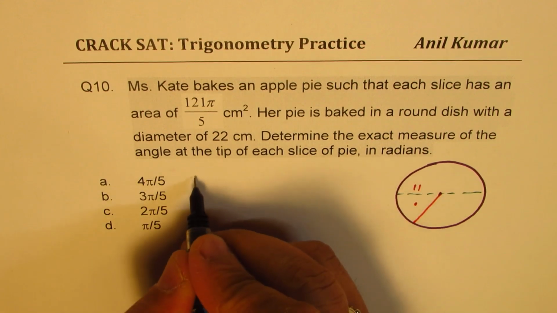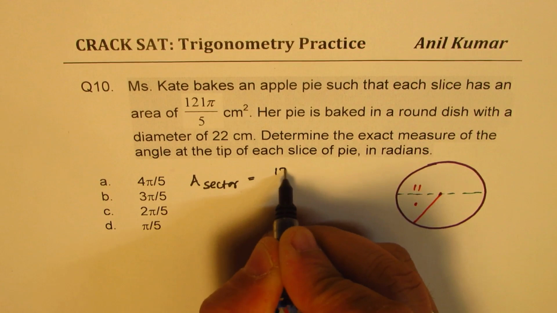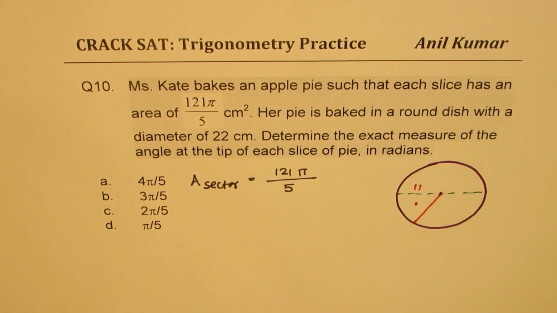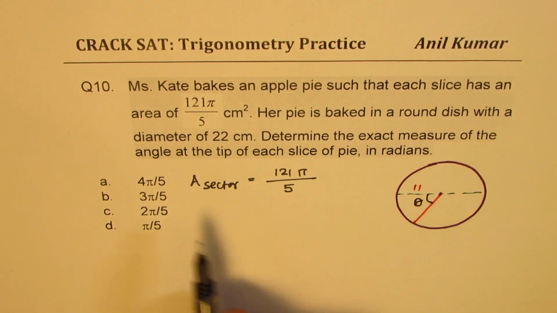So we are given the area of the sector as 121 pi over 5. We need to find the angle theta here. All these answers are in radians. Okay, so I'd like you to pause the video and answer this particular question.